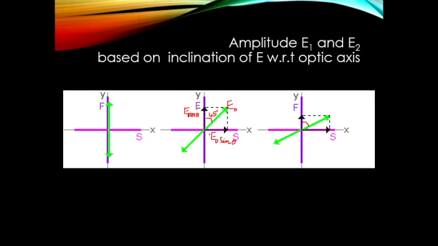Cos theta and sin theta are equal for 45 degrees. At all other angles, they may have different amplitudes. So whenever plane polarized light makes an angle of 45 degrees with the optic axis, the two linearly polarized waves along the x direction and y direction will have equal amplitude. Once they superpose, you get a circularly polarized light. You have to remember that point.